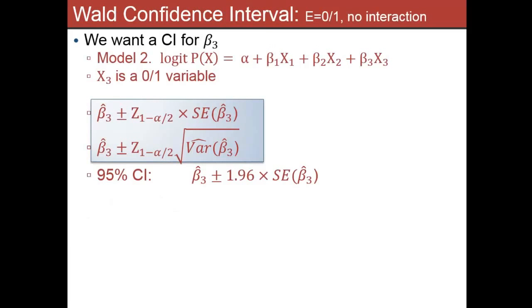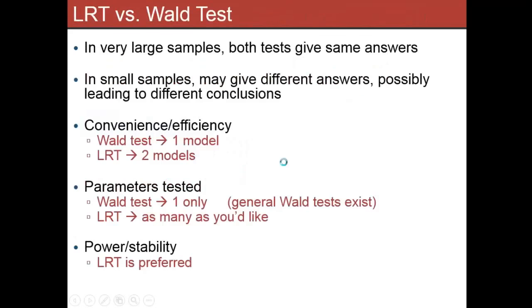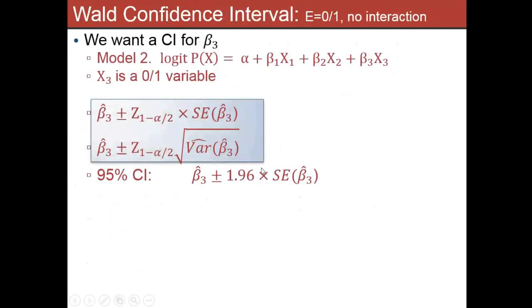And by the way, this Wald quantity, beta hat over the standard error of itself, can be used to make the confidence interval around a given beta estimate. So let's say you want to know the confidence interval around beta 3 hat, which we actually don't really care about that much. We actually more care about the confidence interval around e to the beta hat, which is the odds ratio.